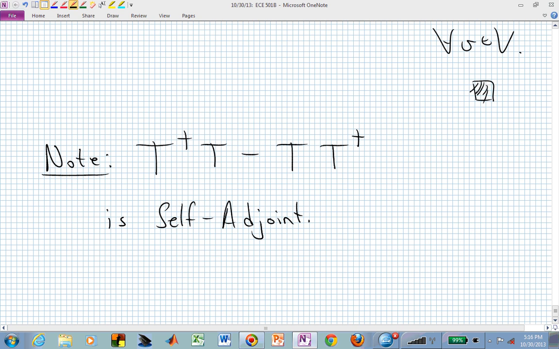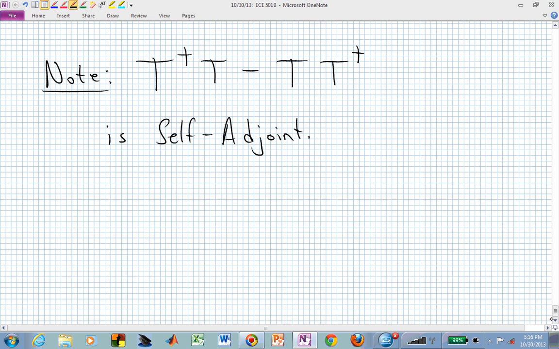What does that mean? If you needed to prove this, you could say, well, what if I take the adjoint of that mess? And if that ends up being equal to that mess, then it's self-adjoint. And we'll stop at that point and pick up Monday in chapter 7.